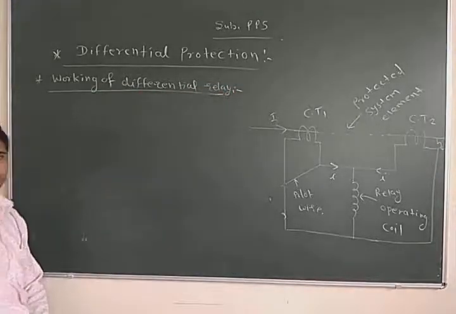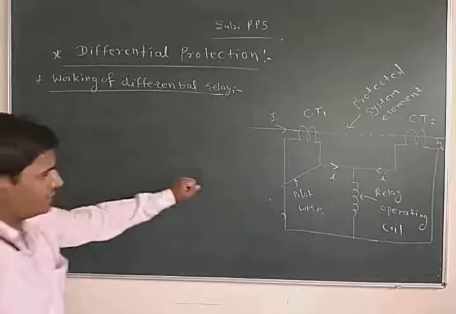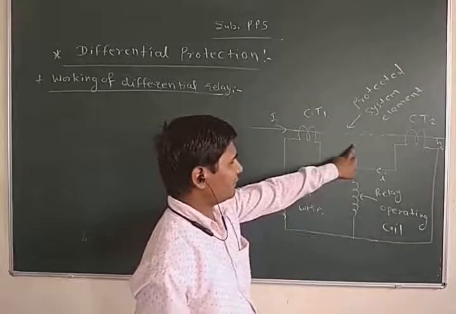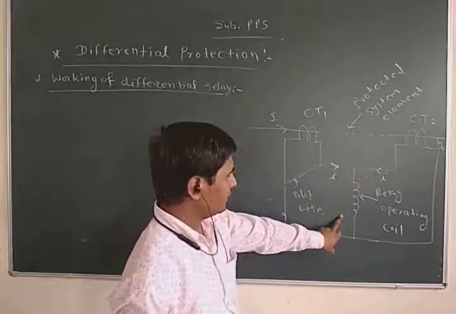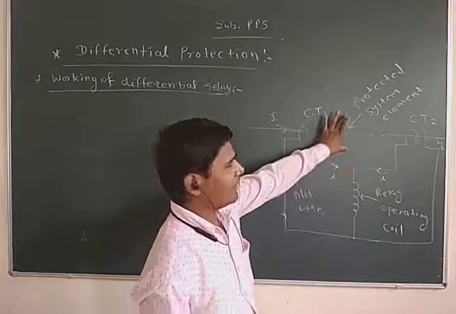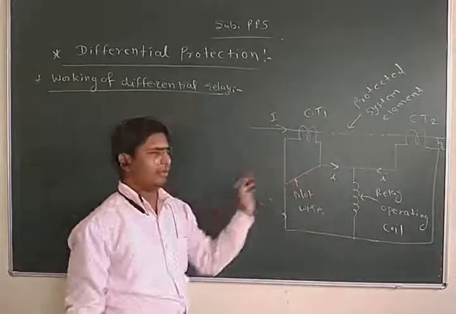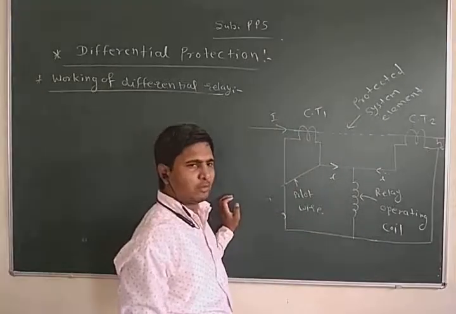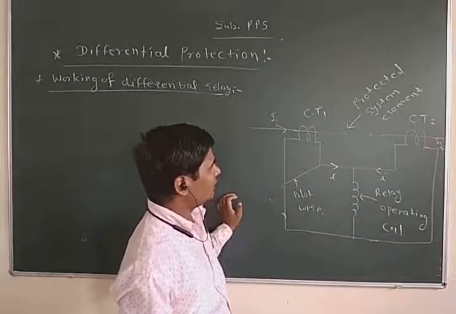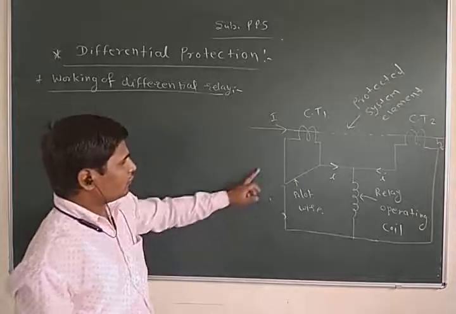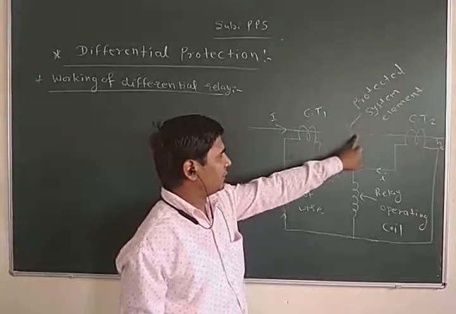Now first we understand the working of differential relay. To understand the working of differential relay, there is a differential protection of an equipment of the power system. The equipment may be a generator, transformer, transmission line or bus bar, any. So now here we represent this.